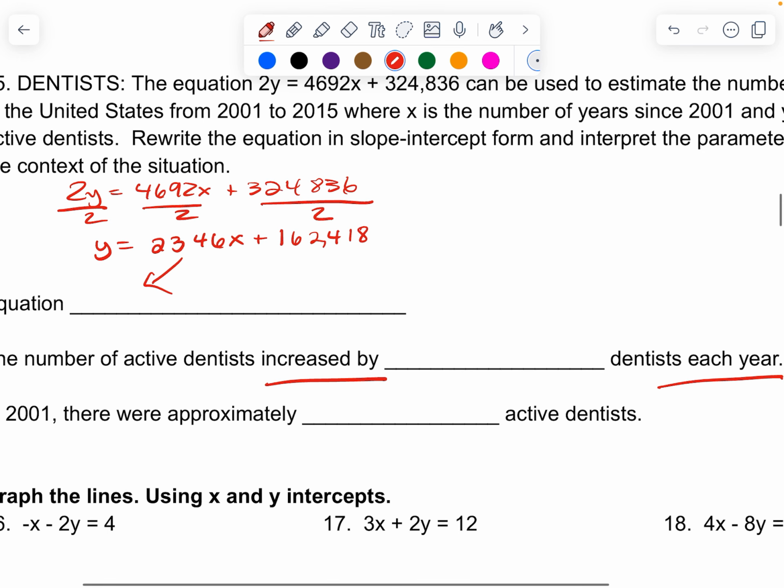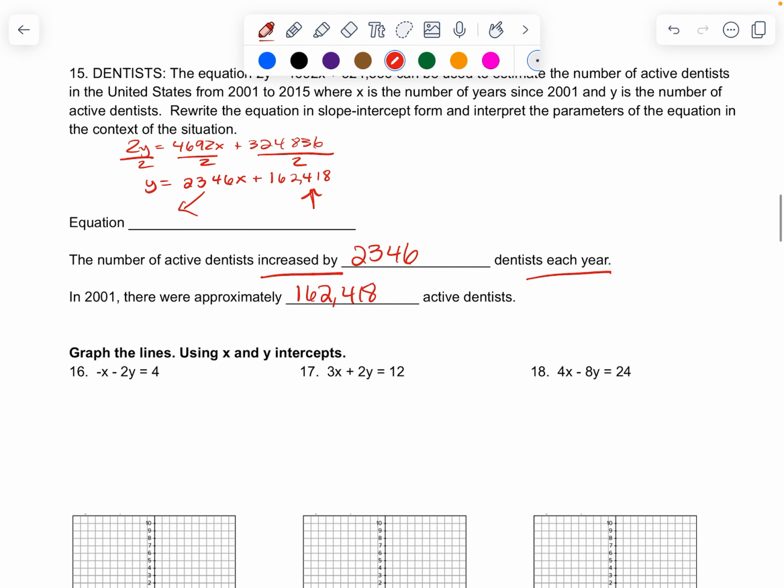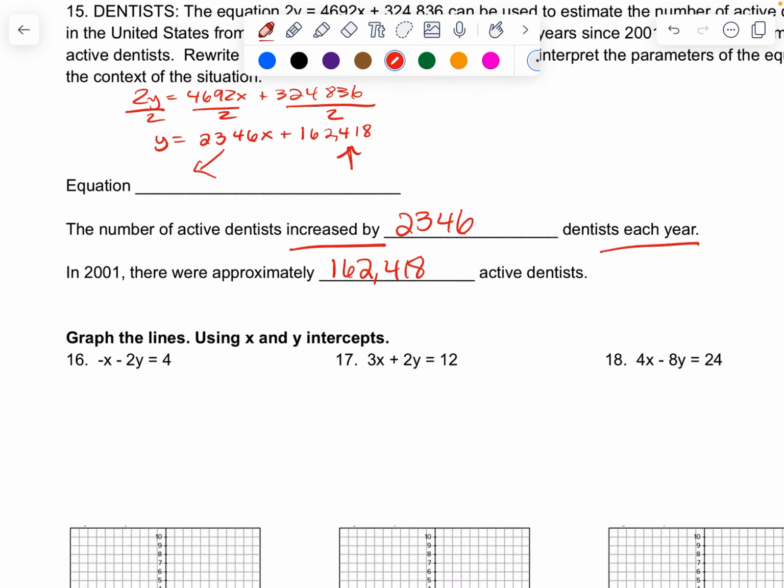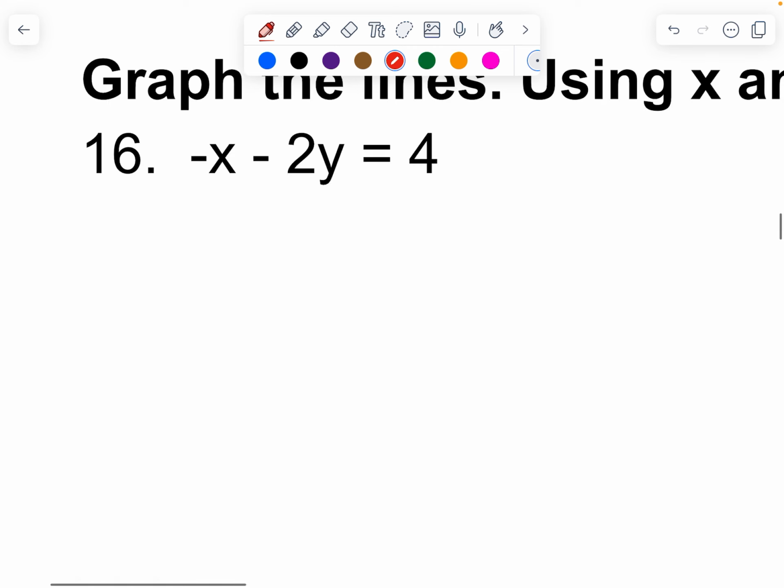So that means that's the slope, 2,346. In 2001, that's the year we started. How many did we start with? 162,418 active dentists.